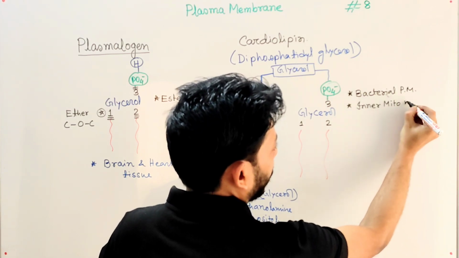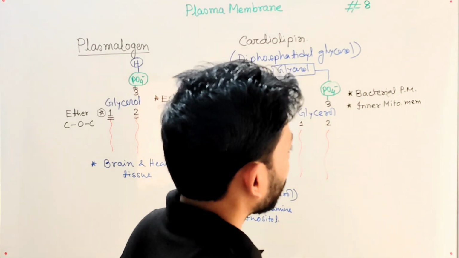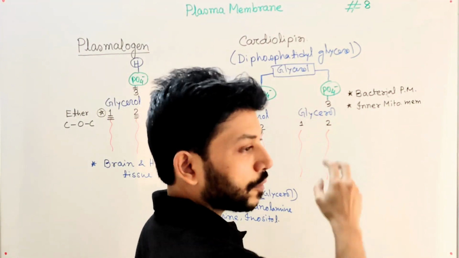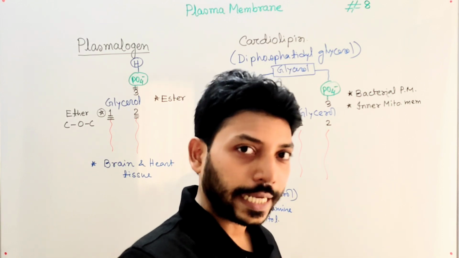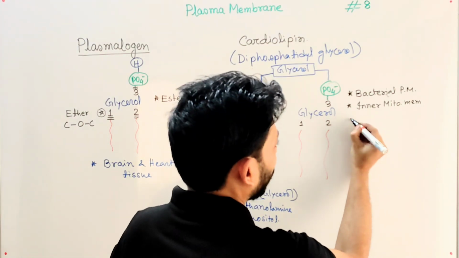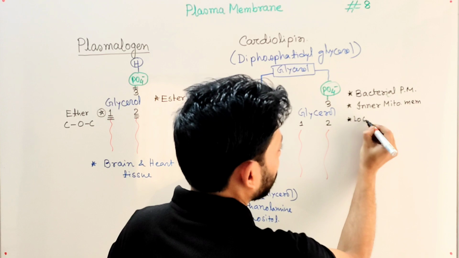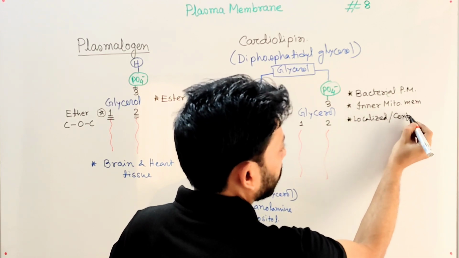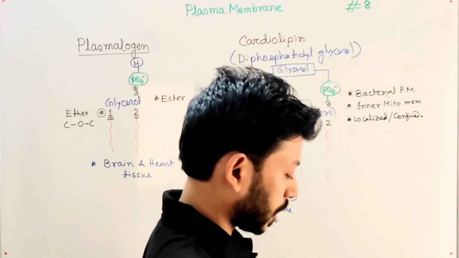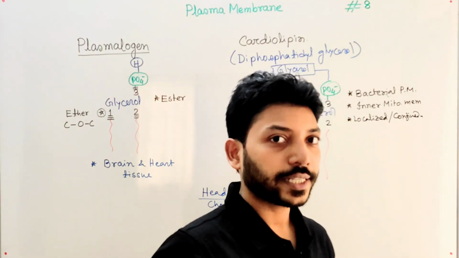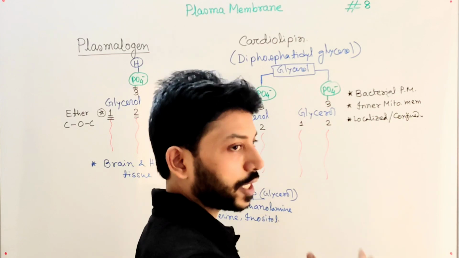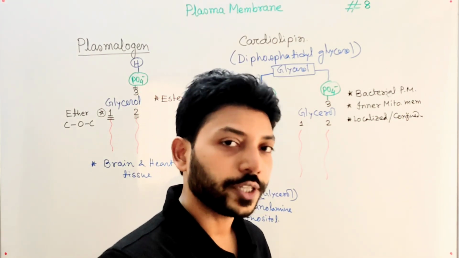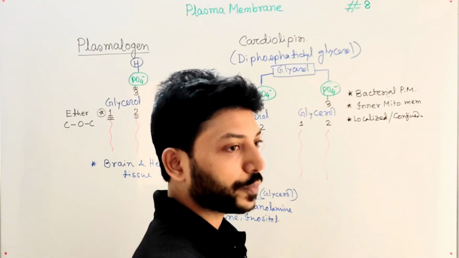Another important point we have to remember is that cardiolipins are very localized, or you can say confined, to the inner mitochondrial membrane. What does it mean? It means that this is the factory site of cardiolipin in eukaryotic cells. The inner mitochondrial membrane is the factory where cardiolipin is generated.